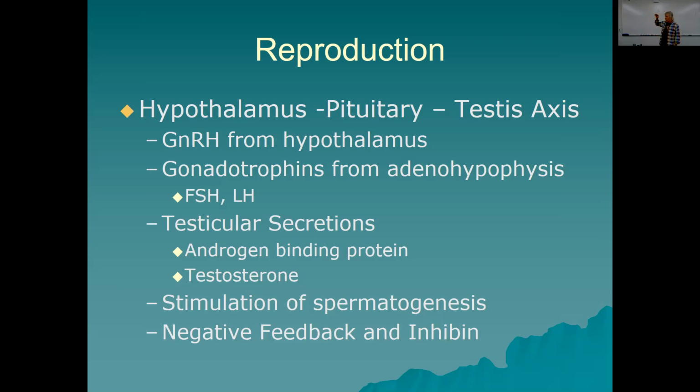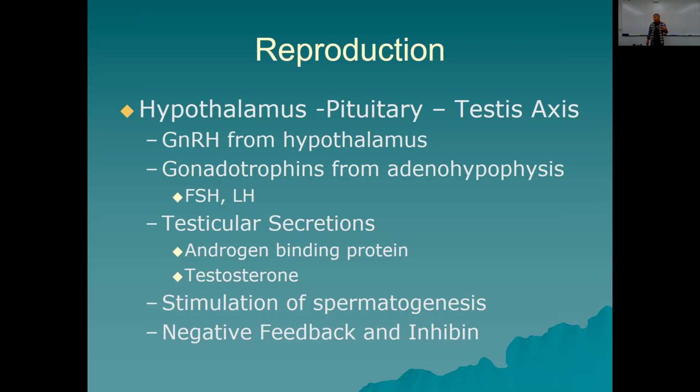These travel down to the testis, and there are two testicular secretions: testosterone from the interstitial cells and something called androgen binding protein from the sustentacular cells. And these stimulate spermatogenesis.